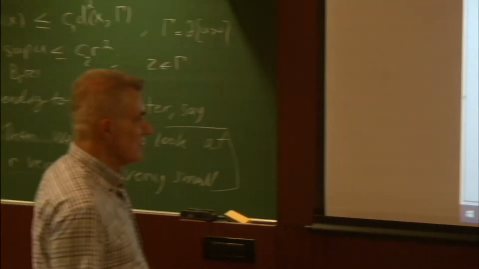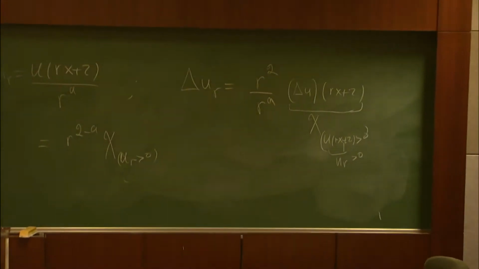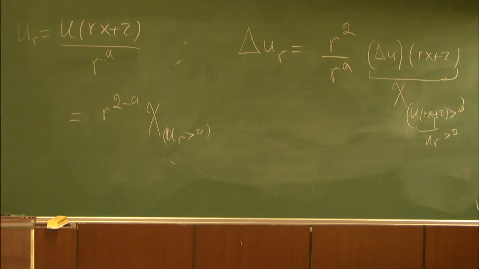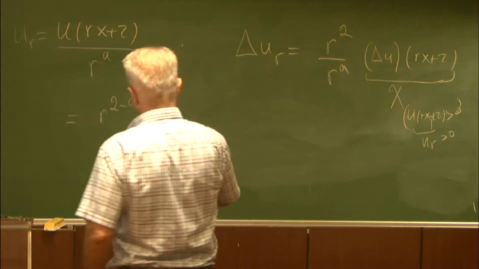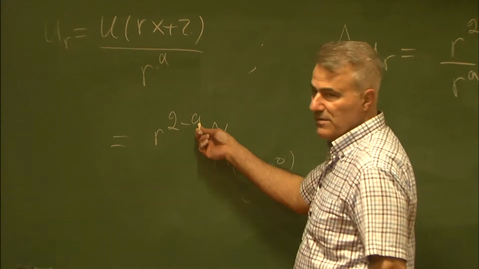If A is larger than 2, let's say 3 or something like that, then I have a problem here, because I'm dividing the right-hand side by R, basically, if A is 3.